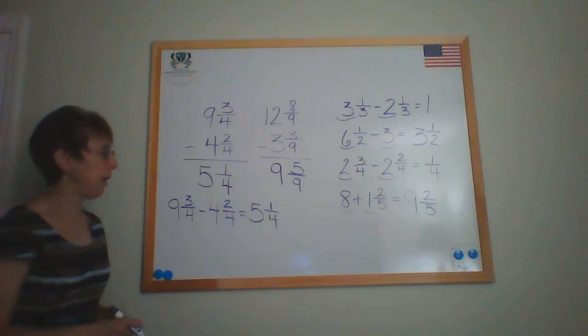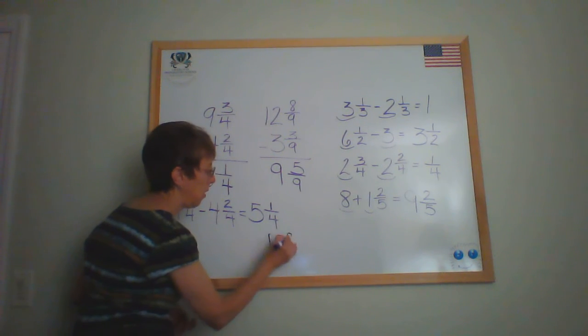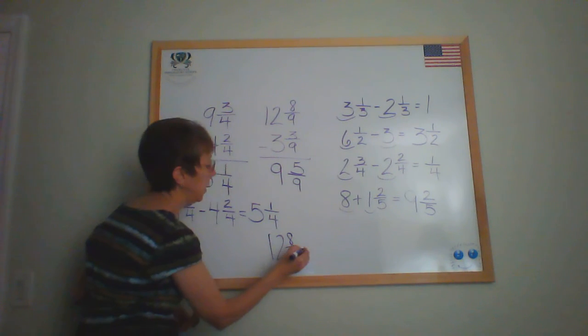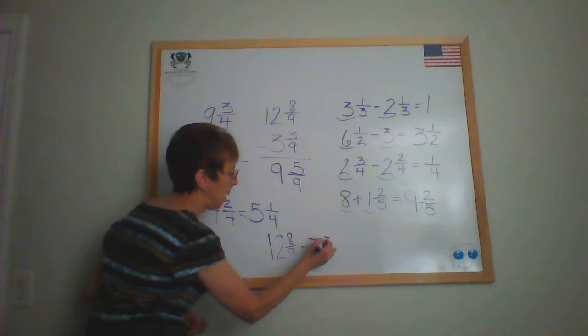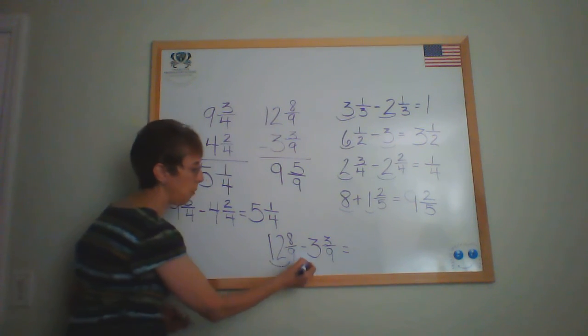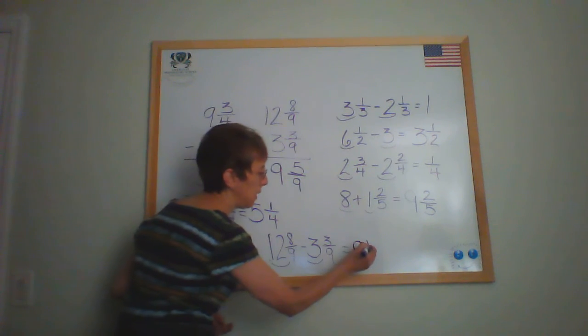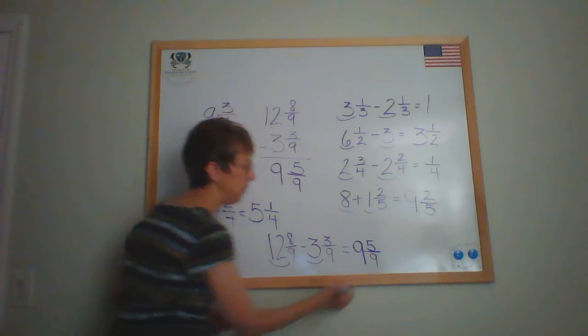So 9 5/9. And that one, if it was written horizontally, 12 8/9 minus 3 3/9, then you would subtract. 12 minus 3 equals 9, and 8/9 minus 3/9 equals 5/9.